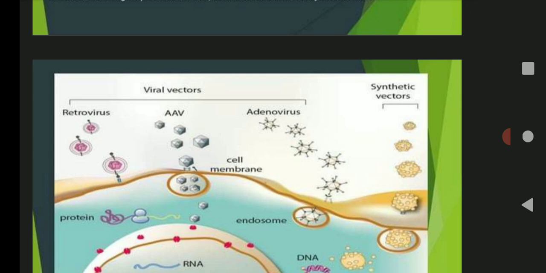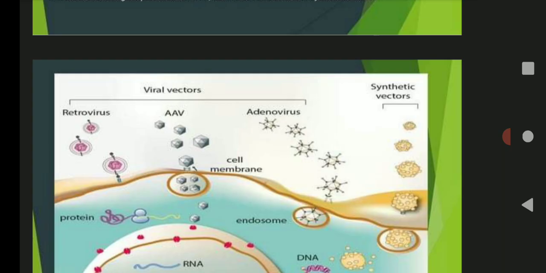Here the disease causing genes of the virus are removed, and in that place our gene of interest is incorporated, so that our gene of interest will be successfully incorporated into our system and replicate along with our own DNA, and the defect of the particular cell will be eliminated.